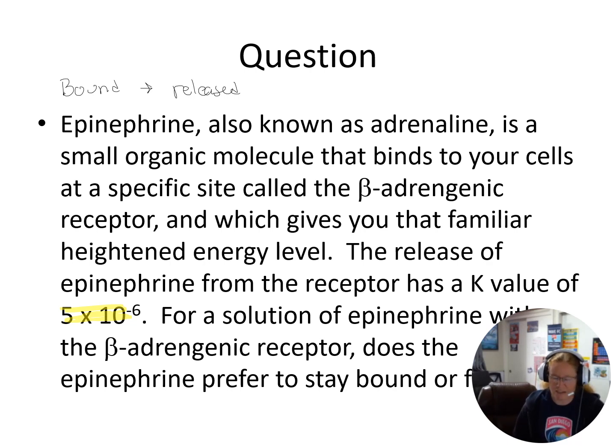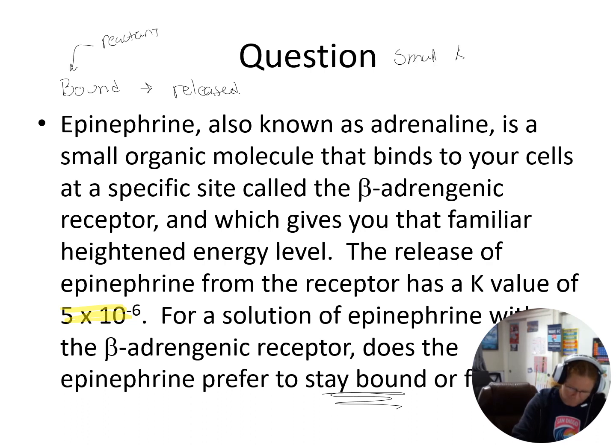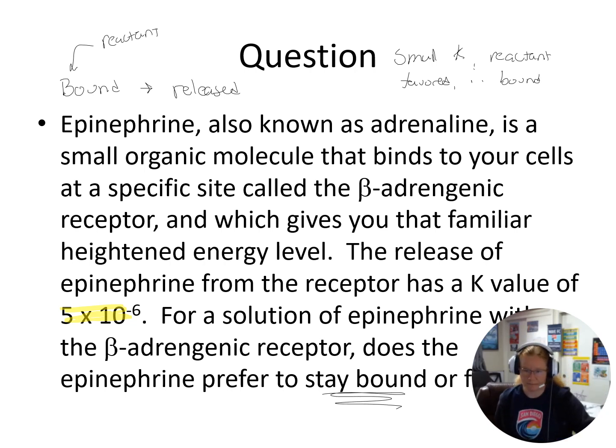If our reactant is the bound version, it's going to prefer to stay bound. So this is our reactant. Small K, reactant favored. Therefore, bound is favored. That is how we assess the magnitude of K.